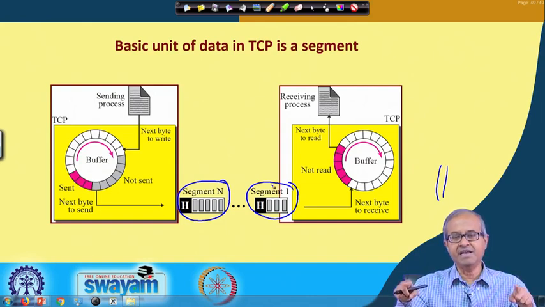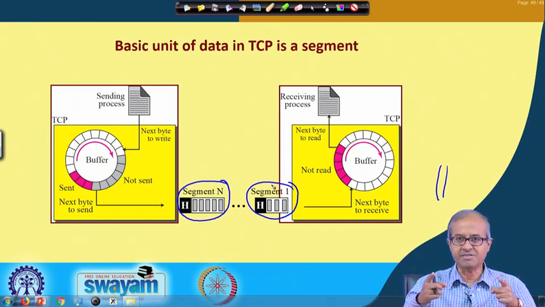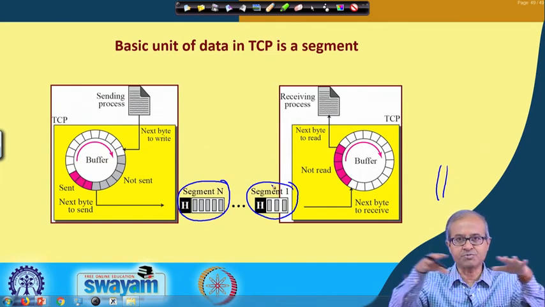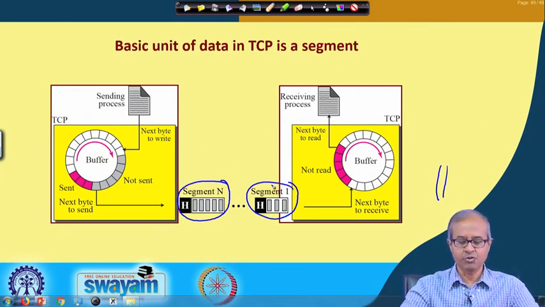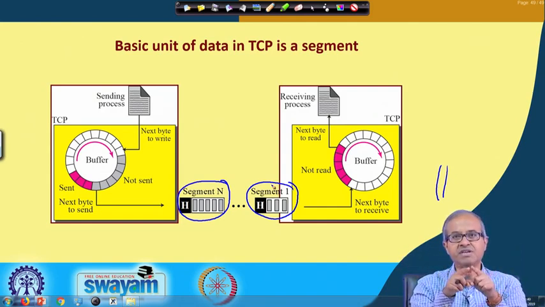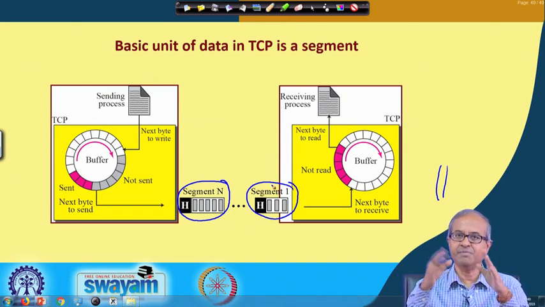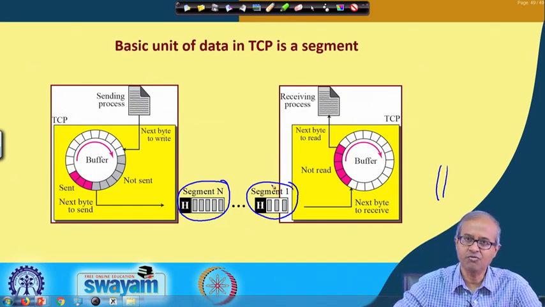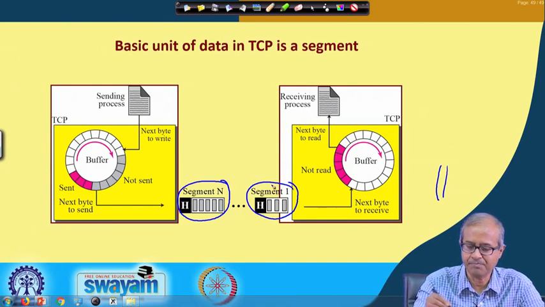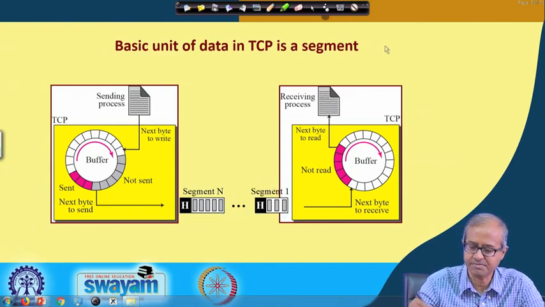At the data link layer level, we talk about frames, frames are being transferred. But at the transport layer level, at the TCP level, we talk about segments, data segments which are nothing but a stream of bytes, multiple segments are being transmitted one after the other. Okay. This is the concept.